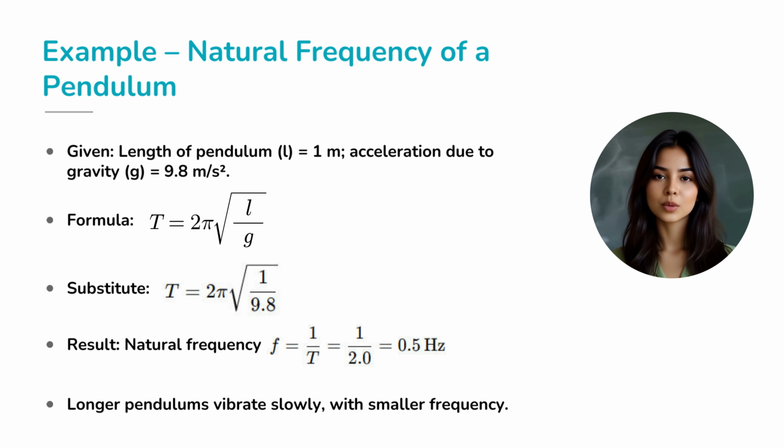The natural frequency f is 1 divided by T, giving 0.5 Hz. That means the pendulum completes one swing back and forth every 2 seconds. Longer pendulums swing more slowly, while shorter ones swing faster. That's why wall clocks and pendulum clocks are carefully designed with exact lengths.